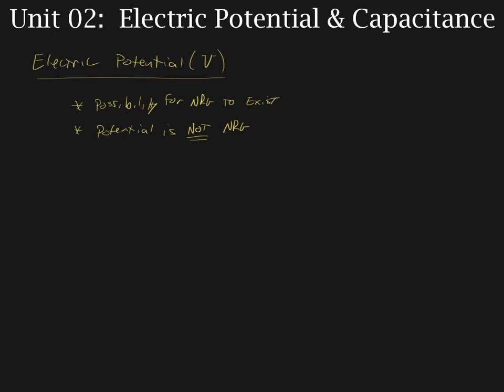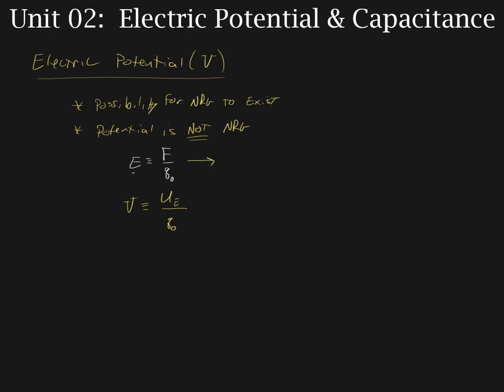Now, if you recall with electric fields, we had E defined by force over charge, and that was going to be a test charge. Well, we're going to be doing something similar with potential, and we're going to say that potential is defined by the electric potential energy divided by the test charge.